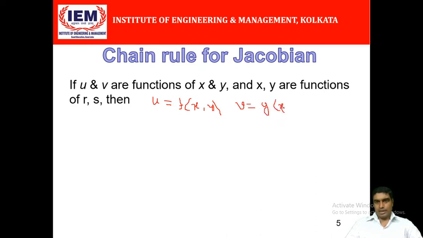Then in the next line it is saying that x and y are also functions of r and s. So this x and this y are basically other functions.